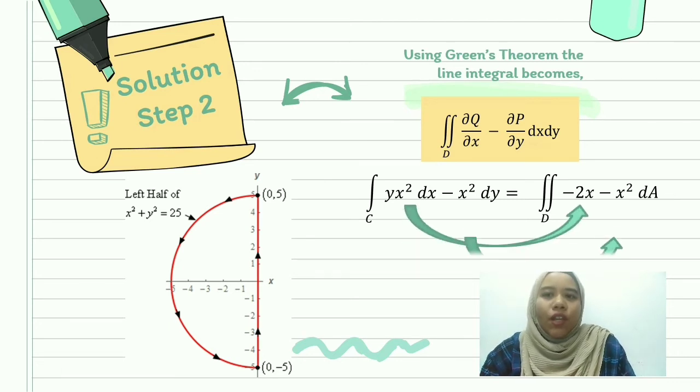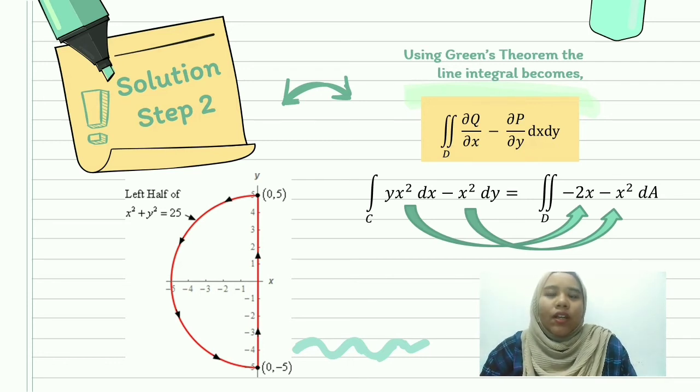So we differentiate yx squared with respect to y, and we get x squared, so the answer is negative x squared. While when we partially differentiate the Q component, we get negative 2x. Okay, so that's all from me. Let's continue to step 3. Thank you.